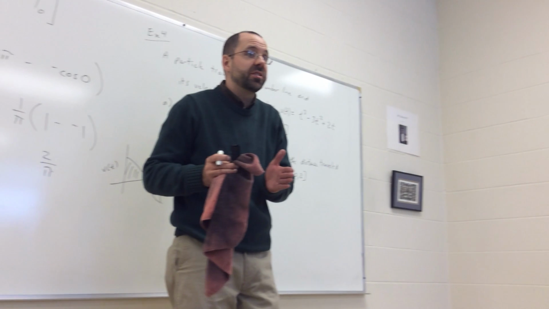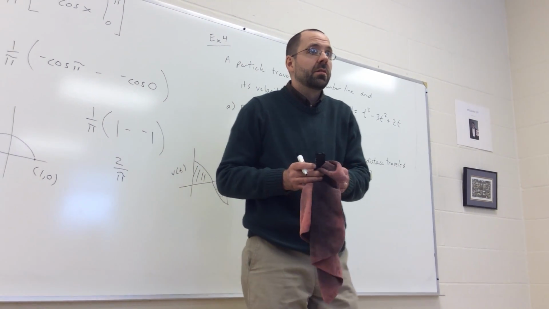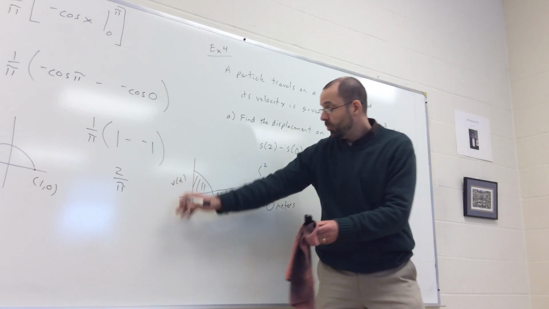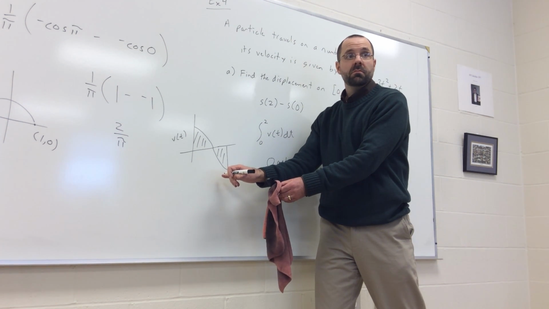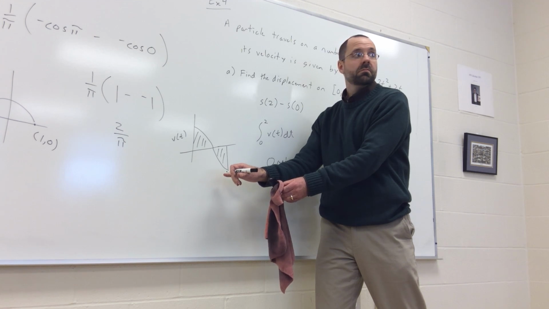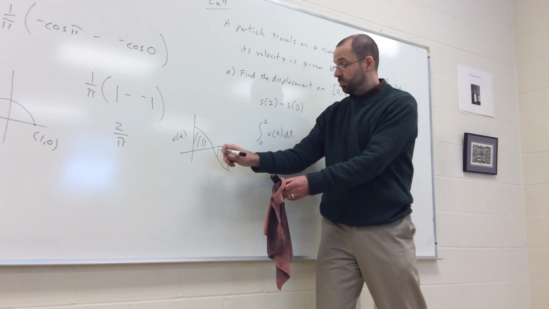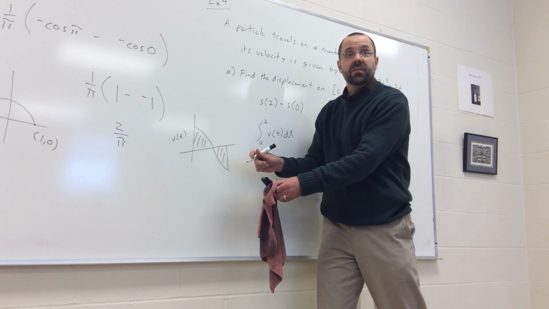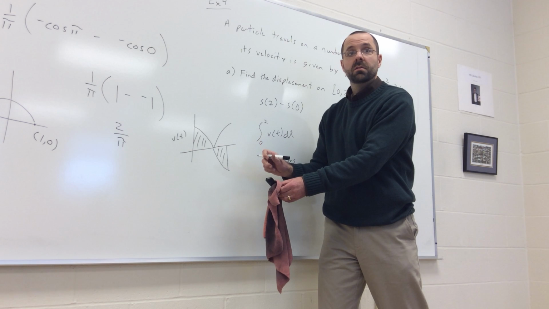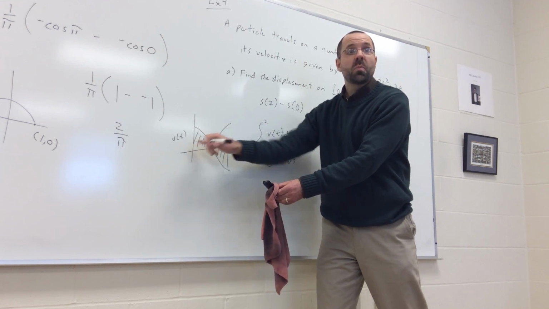I don't want them to cancel each other out. So how can I accomplish that? Yeah, TJ? Just make this negative velocity, flip it up and make it positive, right? And then I'll have 2 positive areas.